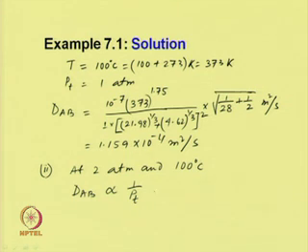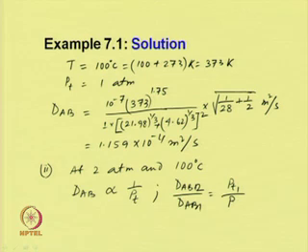So, we can write, at that temperature, DAB1 by DAB2 will be PT2 by PT1.